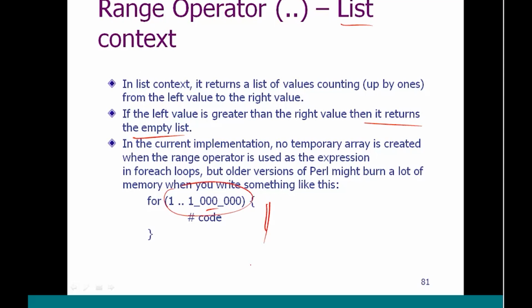But this temporary array is no longer created in the newer implementations of Perl. So this statement, even though it is not a very good use, it's a safe statement. It won't cause any issues.